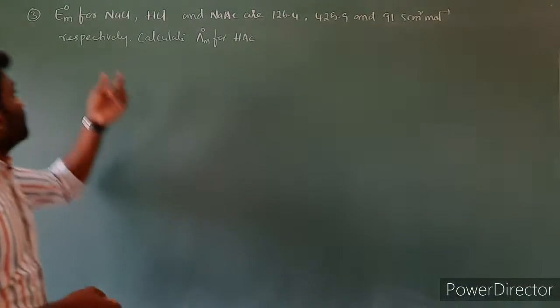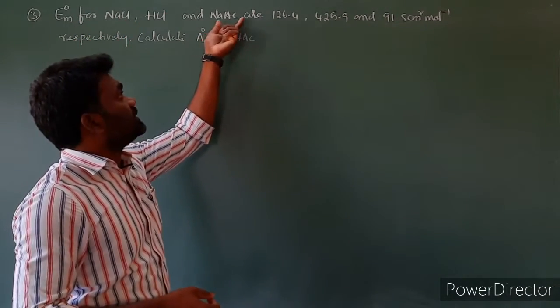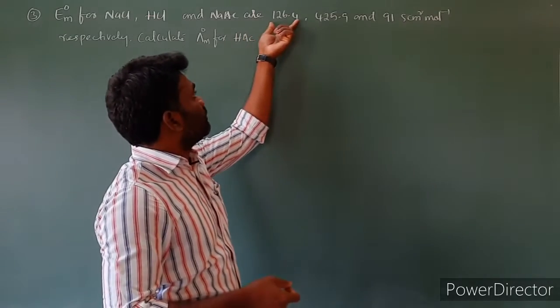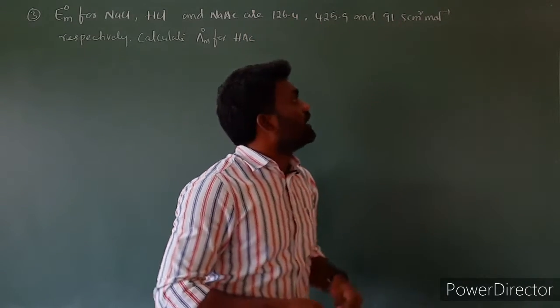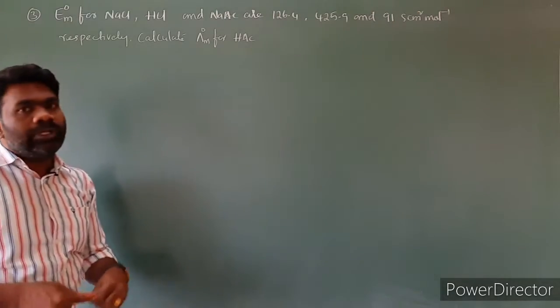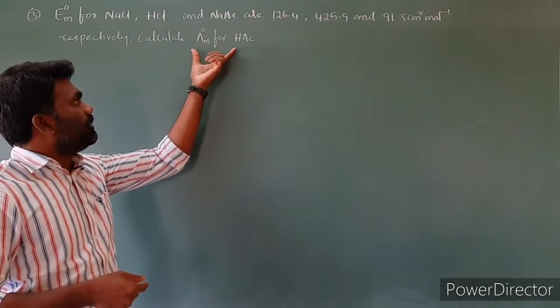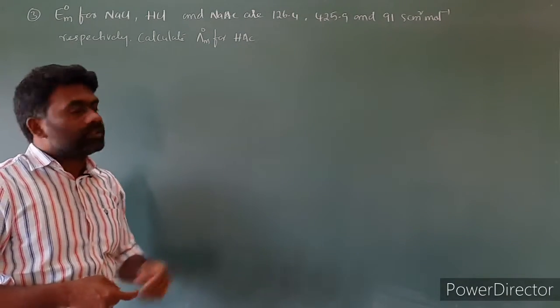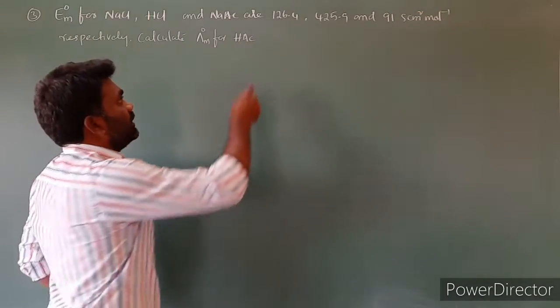Next problem: lambda m naught for NaCl, HCl and NaAc are 126.4, 425.9 and 91 Siemens centimeter square mole inverse respectively. Calculate lambda m naught for HAc. So we have to calculate the limiting molar conductivity for HAc. This is nothing but acetic acid.